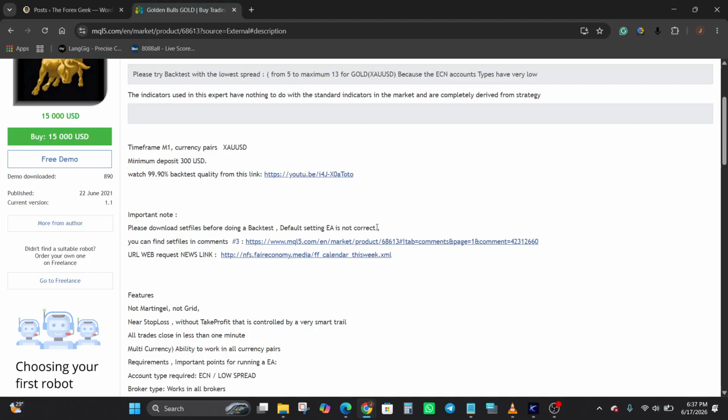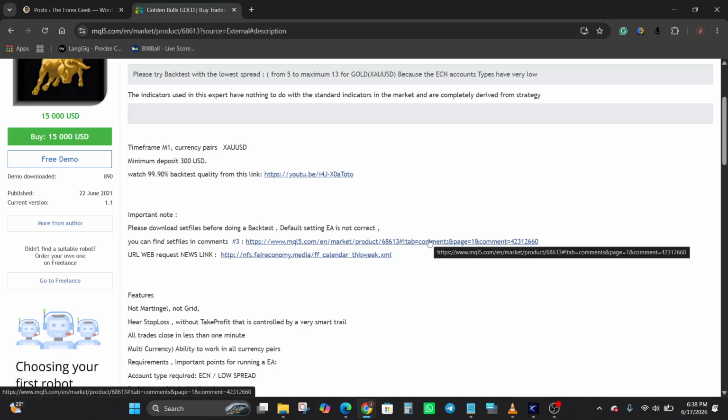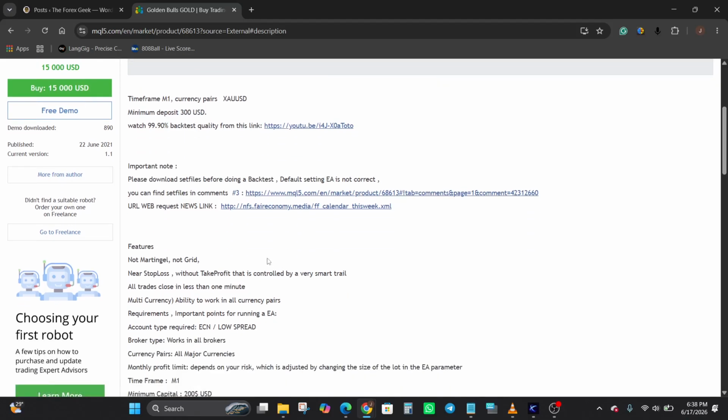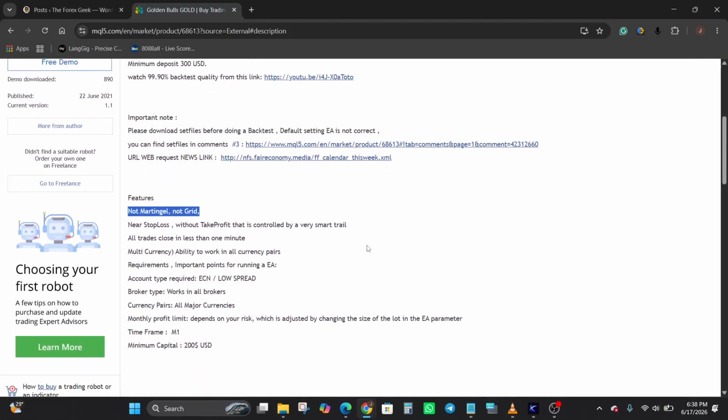Now, moving into the features section, the developer states that the EA does not use martingale and does not use grid trading. Okay. Another notable point is that positions operate with a stop loss, while exits are managed through what the developer describes as a smart trailing mechanism rather than a fixed take profit target. The product description also mentions that trades are typically closed in less than 1 minute.